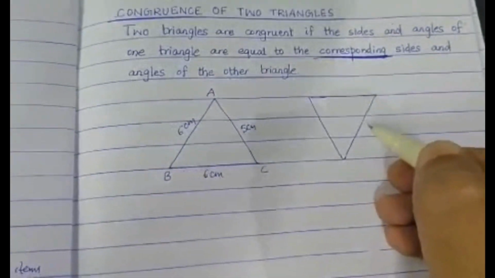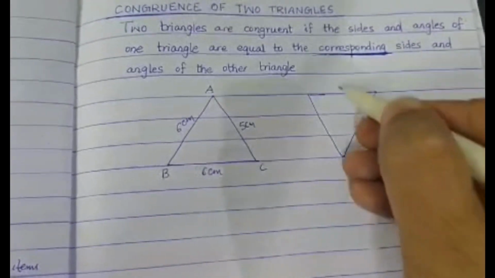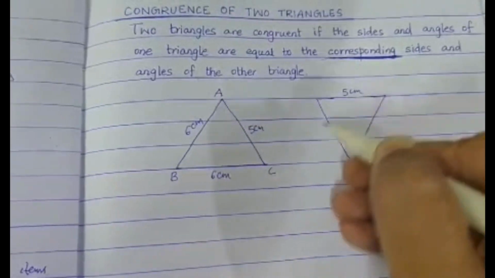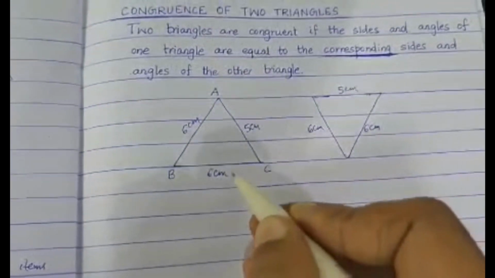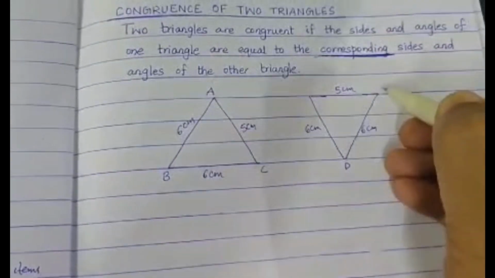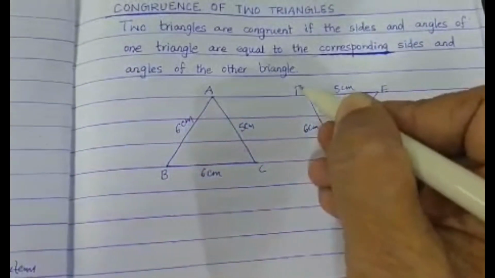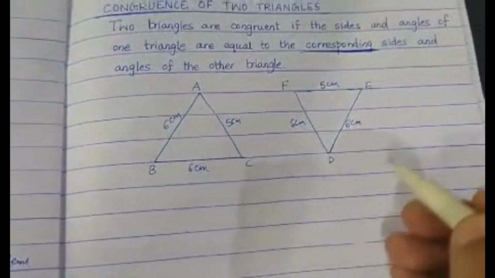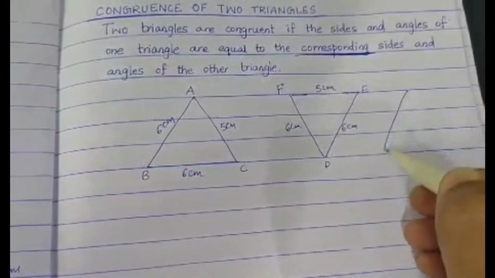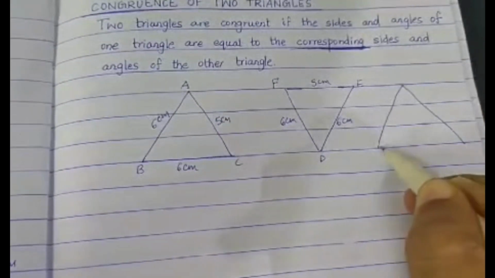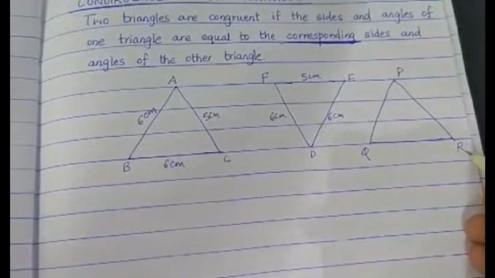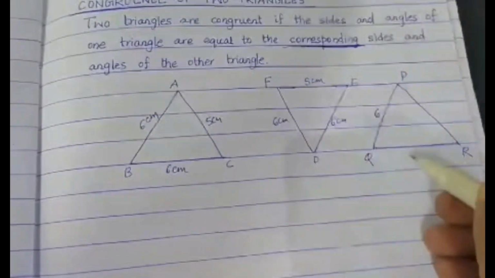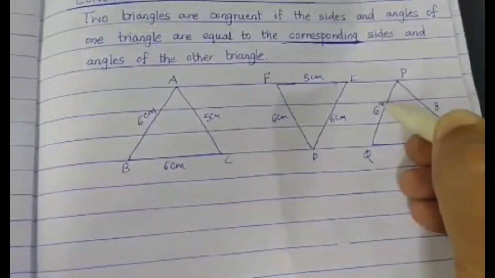Here this side is 5 centimeter, this is 6 centimeter, this is 6 centimeter, and I name it DEF. And let us make another triangle like this, PQR. The sides are 6, 7 and 8 centimeter.